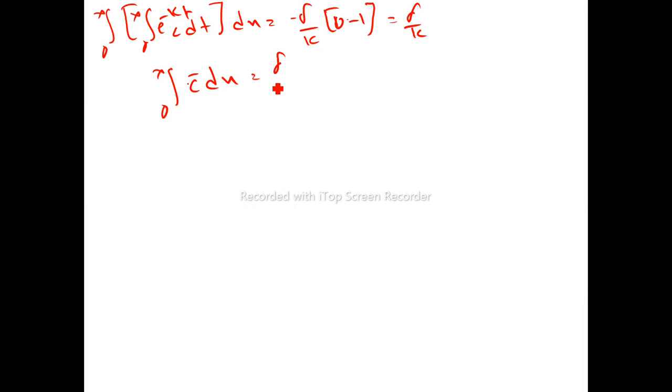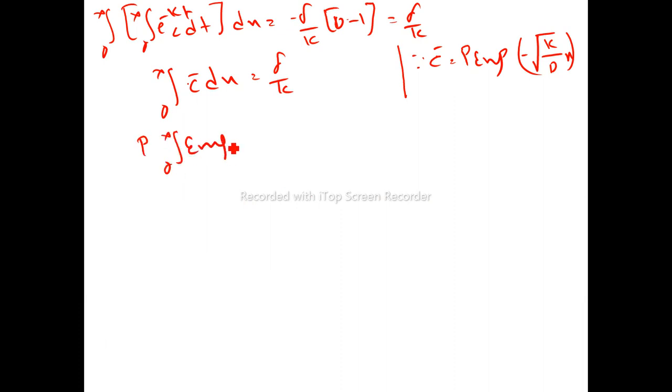We know that c bar is p into exponential of minus root k by d into x. After substituting here, we get p into the integration from 0 to infinity of exponential of minus root k by d into x into dx equal to delta by k.